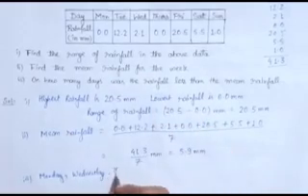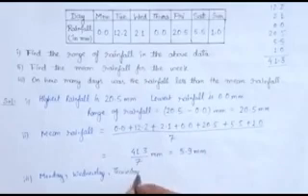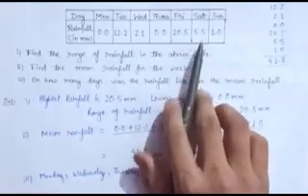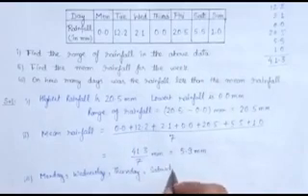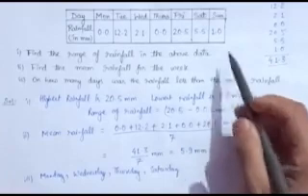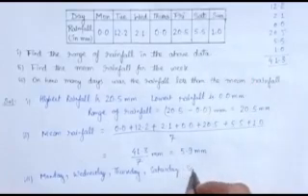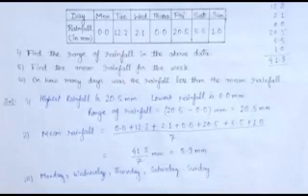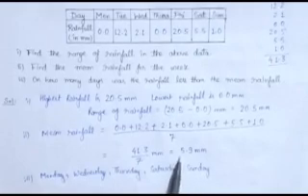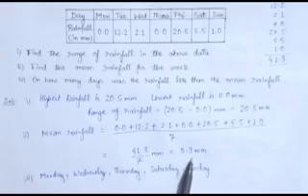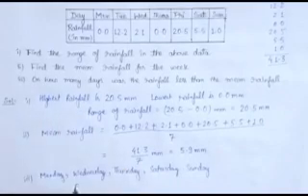Then Thursday, after that Saturday, and last Sunday. So here you can see there are 5 days, corresponding to Monday, Wednesday, Thursday, Saturday and Sunday, on which rainfall is less than the mean rainfall, that is 5.9 mm. So we can say there are 5 days on which rainfall is less than the mean rainfall.